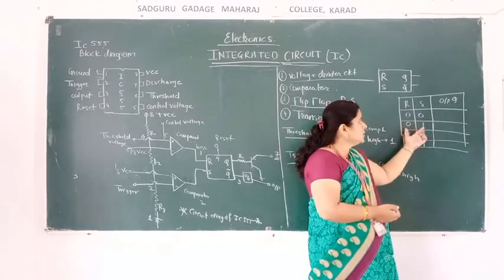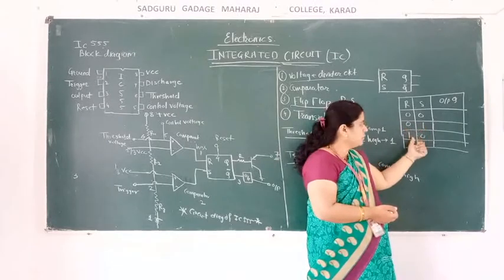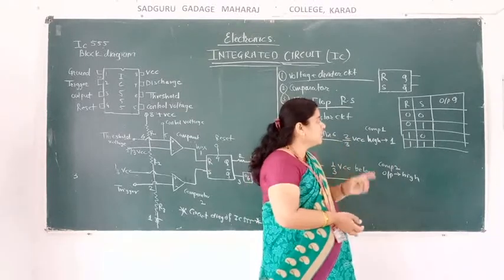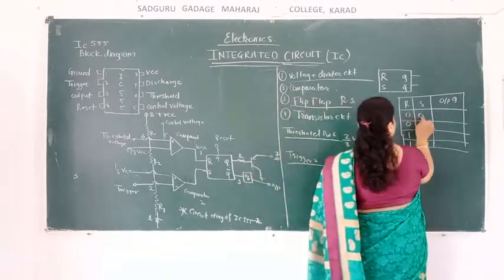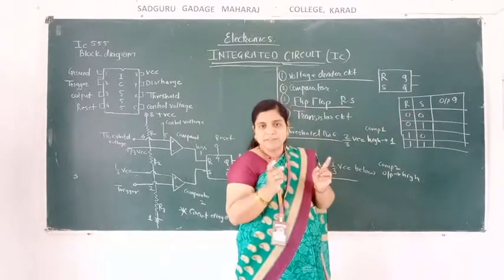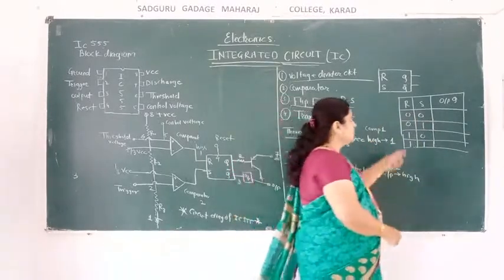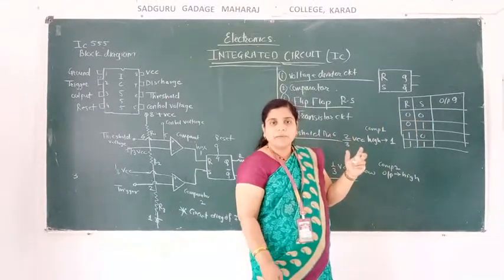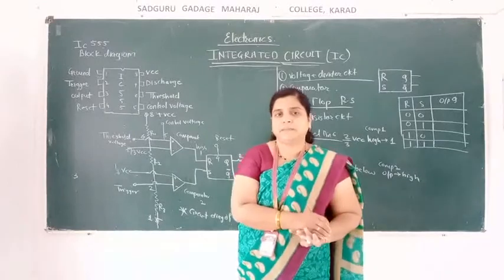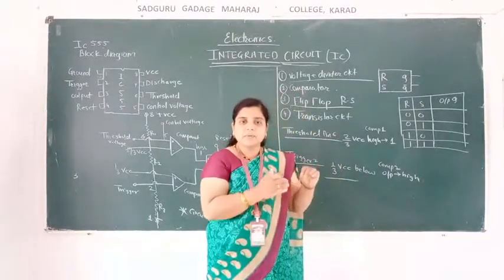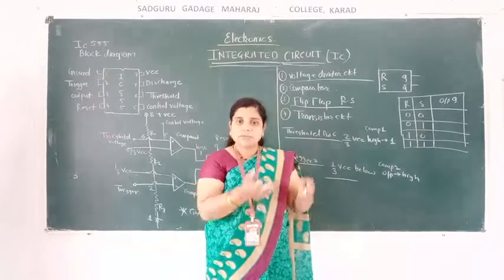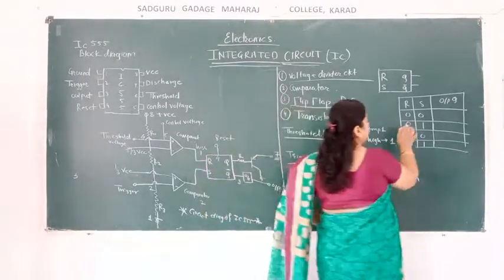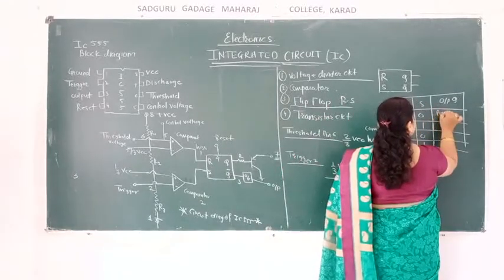If one input is high and one is low. So such 4 conditions are there in RS flip-flop. So what happens here when both are 0 0, means both comparators are 0? If R is 0 and S is 0, then the output of the RS flip-flop will remain in the previous state. Suppose its previous state is 0, then it will be 0. Suppose its previous state is 1, then it will be 1. So it will be in its previous state.